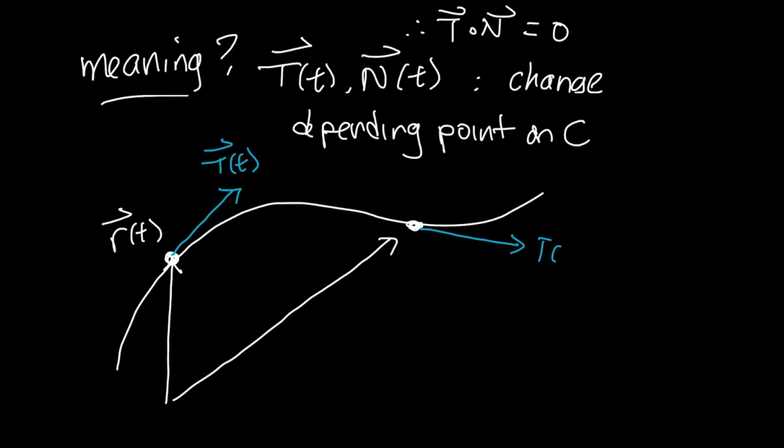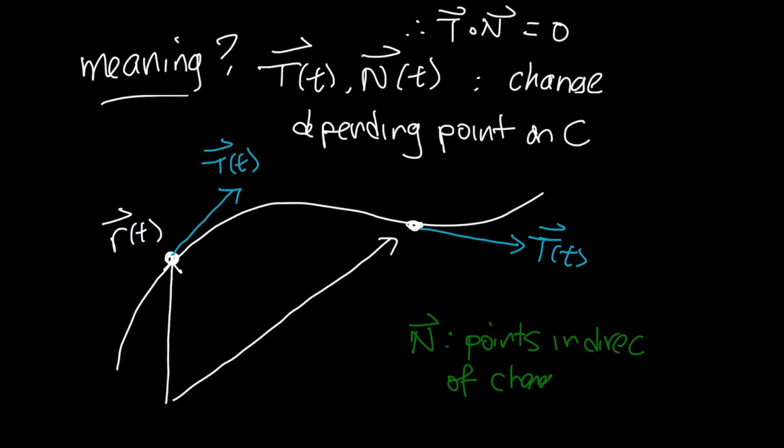This hopefully explains why it needs to be a function. We've already discussed that the unit normal vector is orthogonal to T, but which way should it point? N always points in the direction in which T will change.